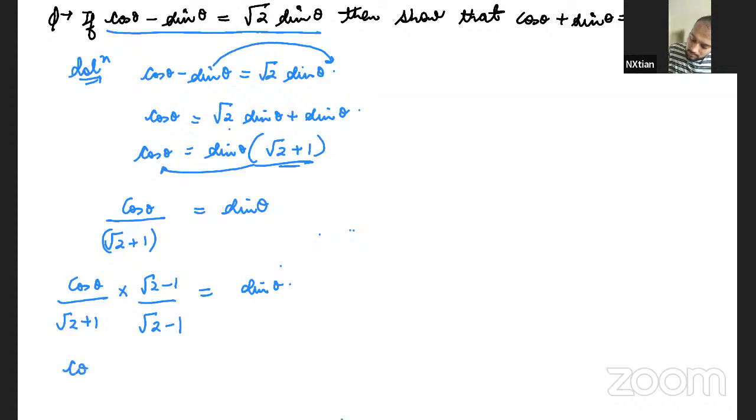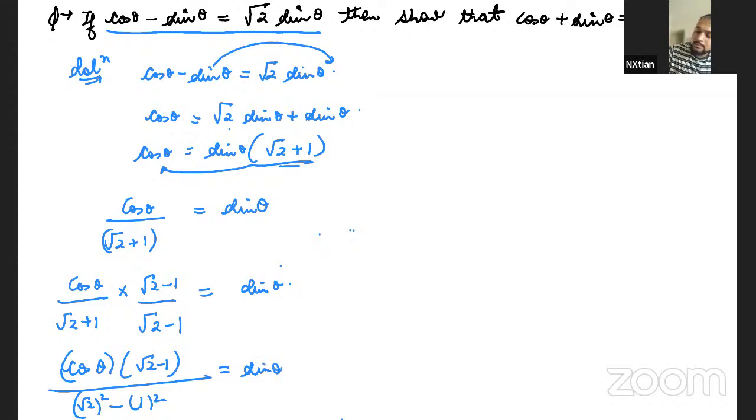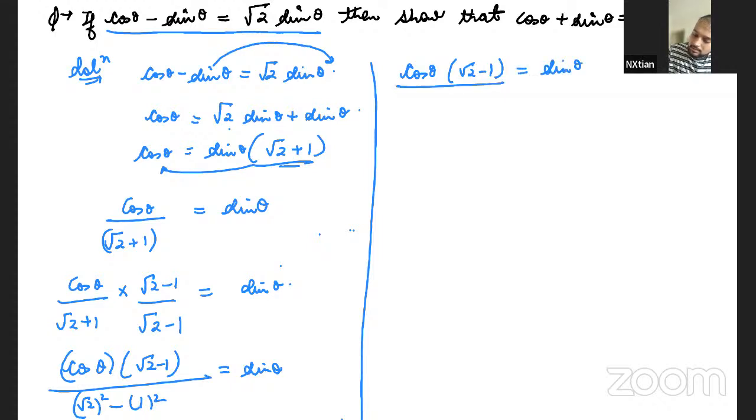It becomes cos theta into root 2 minus 1 upon. Now it is in the form of a plus b, a minus b, so it becomes a square, which is root 2 square, minus b square, which is 1 square. It is equal to sin theta. Now cos theta into root 2 minus 1 is equal to sin theta upon 2 minus 1, since root 2 square is 2.